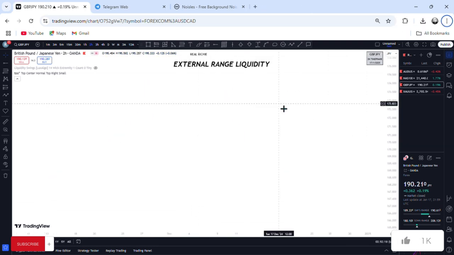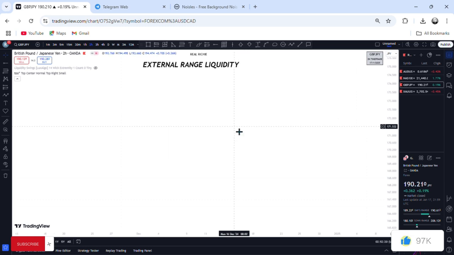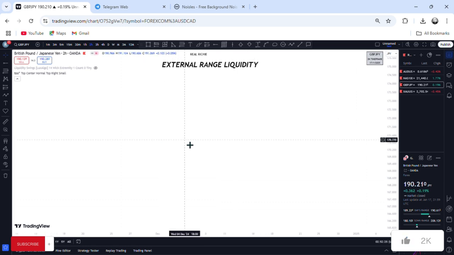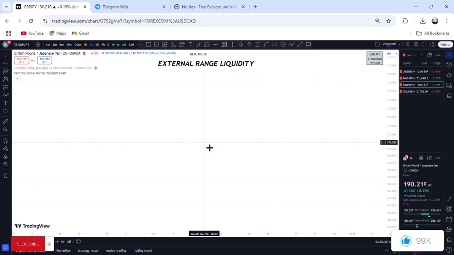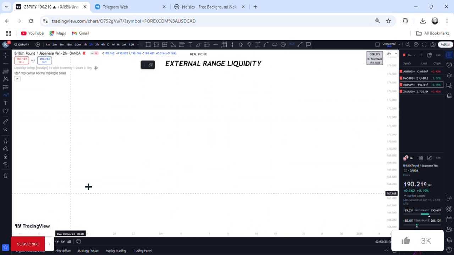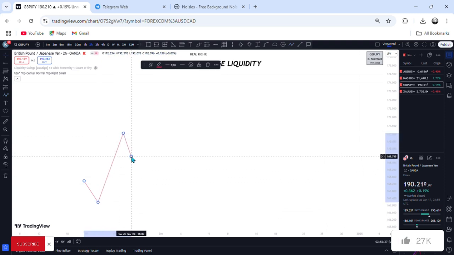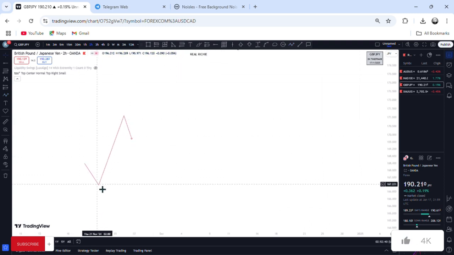All right, so getting to more of the liquidity. What we're about to learn is external range liquidity. You have to get liquidity from the swing lows and the swing highs. So first of all, we start with a bullish scenario, which is an uptrend, a solid uptrend.